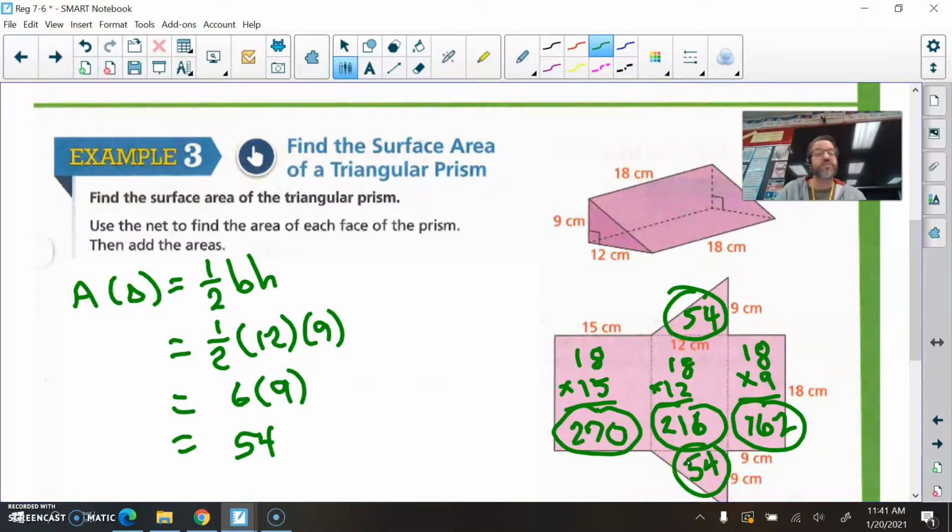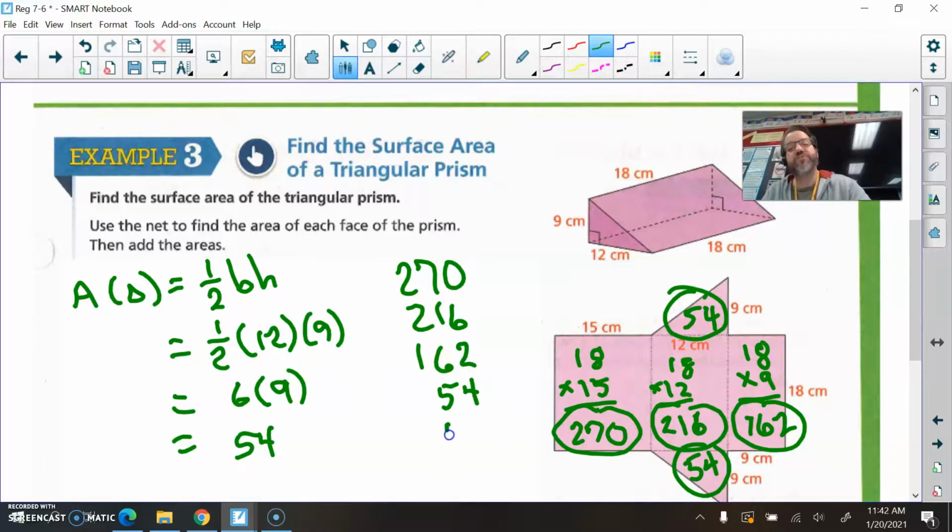So to find the total surface area of this figure, I can just add all of these numbers together. And so I have 270, 216, 162, 54, and 54. Notice in a triangular prism, there are only 5 faces. Okay, so when we add these all together, let's see, we have 6, 8, 12, 16.